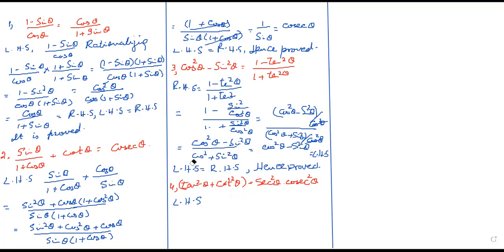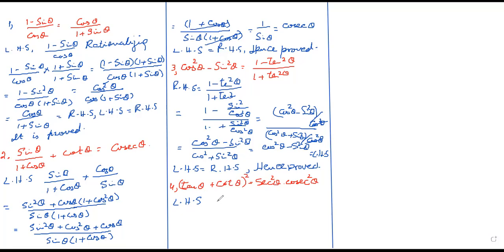Let me correct it. I will write it clear: tangent theta plus cotangent theta, this is square. Okay, then now come to the question.